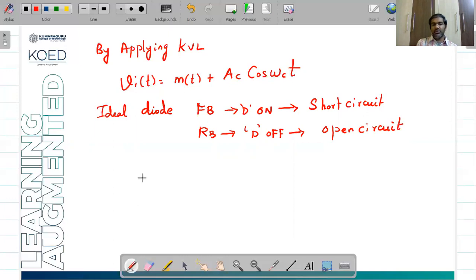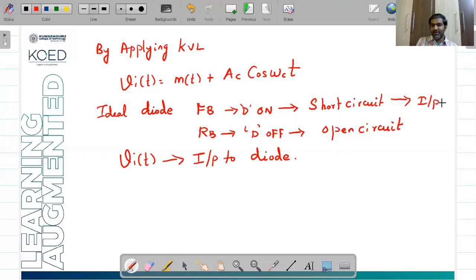You know that Va of t is given as the input to the diode. For a diode to be forward biased, the input to the diode should be positive.